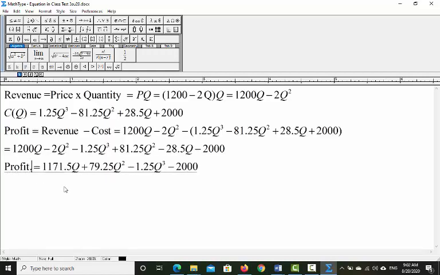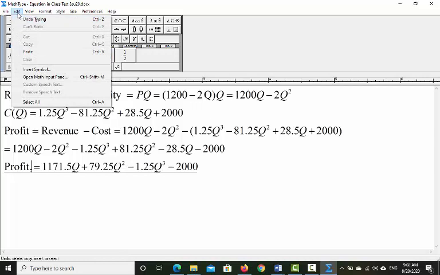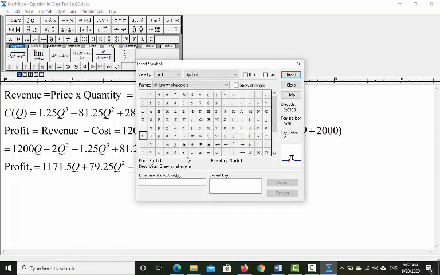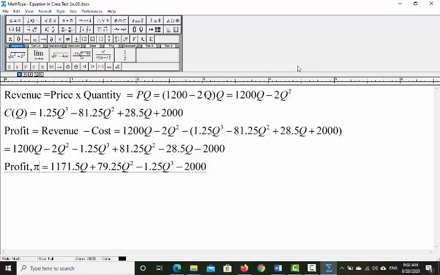So let us name it. In finance and economics, the profit function is normally named as pi. In finance and economics, lots of Greek letters are used.